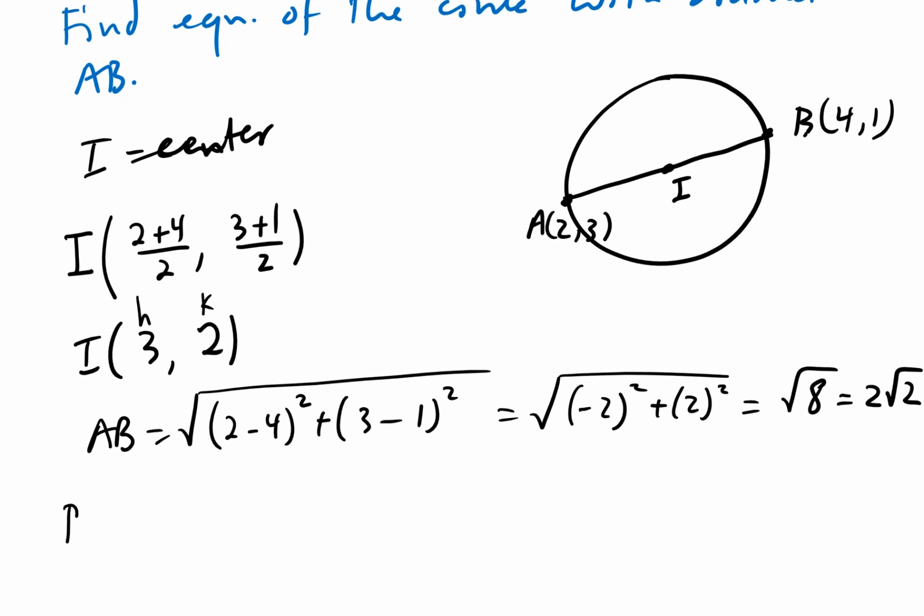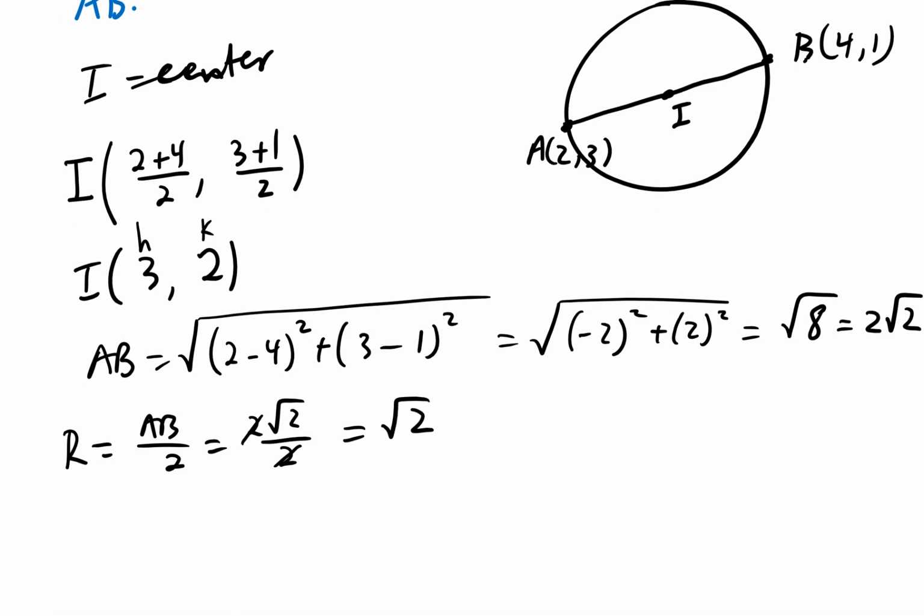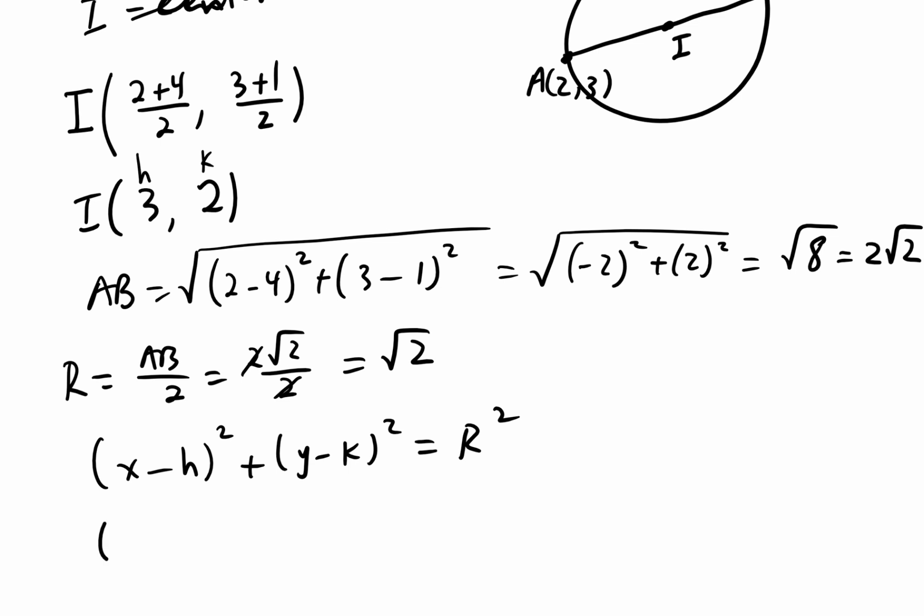The radius is half of the diameter, so AB over 2. We found AB, 2 square root of 2 over 2. These two cancel. That gives me the radius, square root of 2. Then for the equation of the circle, we write the formula down: (x minus h) squared plus (y minus k) squared equals r squared. So x minus 3 squared, y minus 2 squared, and r is the square root of 2 squared.